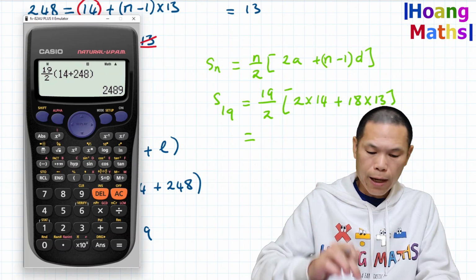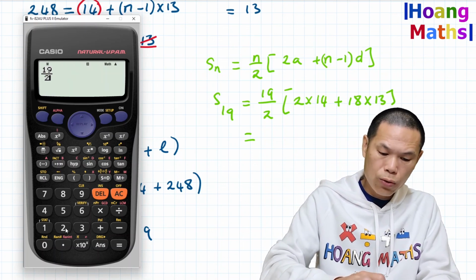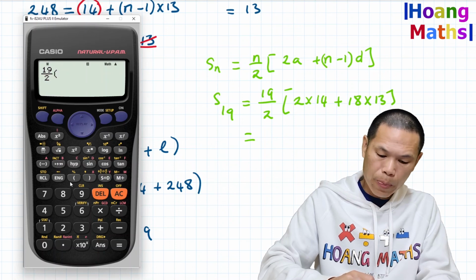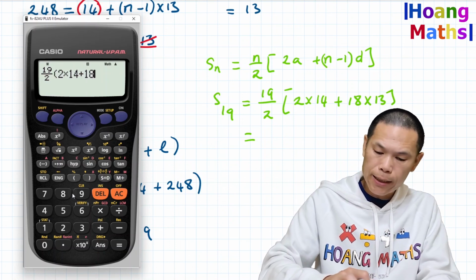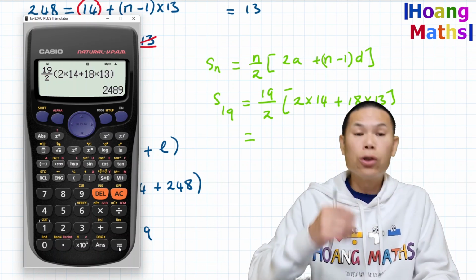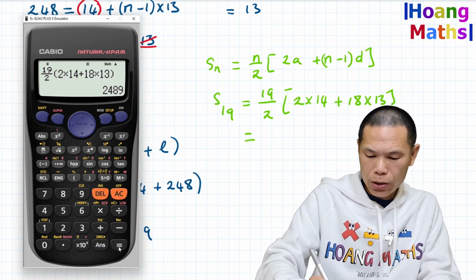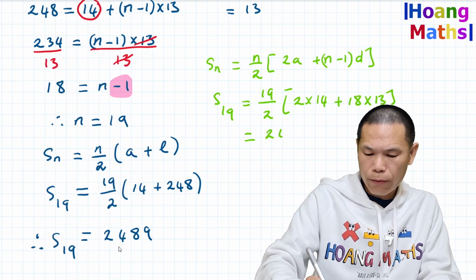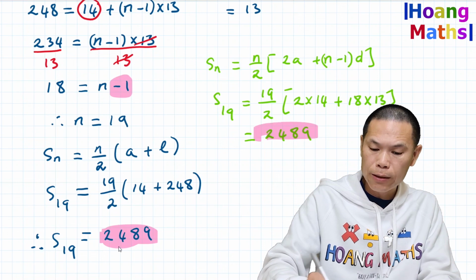Now I put that on the calculator: 19 over 2, brackets 2 times 14 plus 18 times 13, close brackets. There you go, 2,489. We have the same answer.